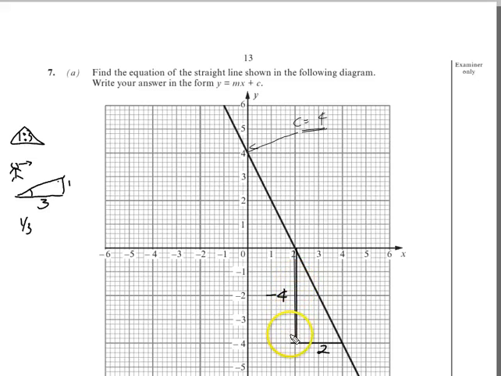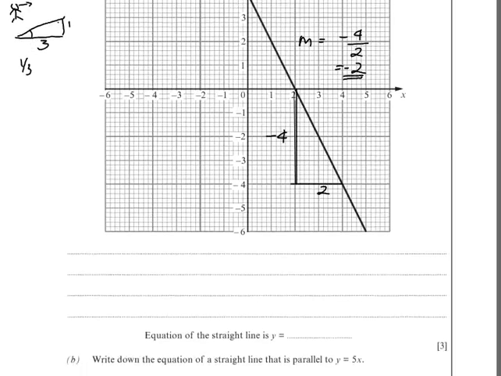So m equals the height, minus 4, divided by the distance you went across. Because you went across 2 and you went down 4. So that's minus 2, negative 2. Quite steep, isn't it? Good little bit of triangle work, working out gradients and reminding ourselves which way around the gradient goes.